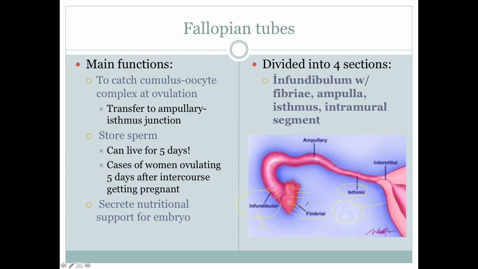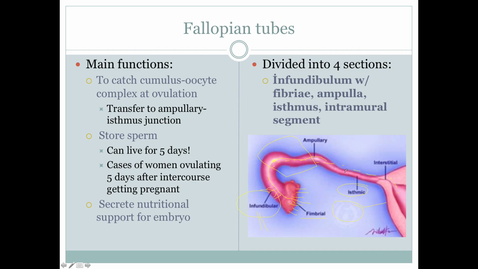So the egg would have to travel all the way up through here, eventually getting to the ampullary juncture. If there is fertilization, it almost always is up in this ampullary area just because of the rate of transit. It takes about 6 to 10 days for the egg to get all the way down here. So when the egg is released, the sperm would have to make it all the way up here, and it would usually meet the egg here.